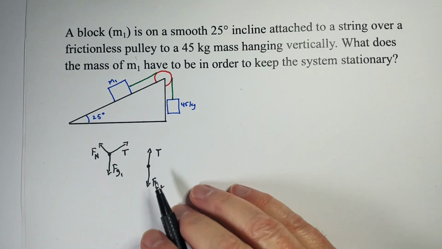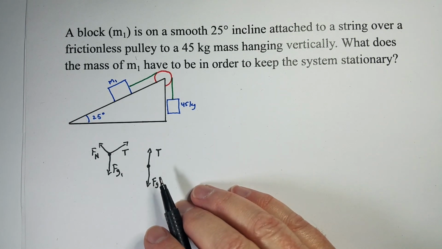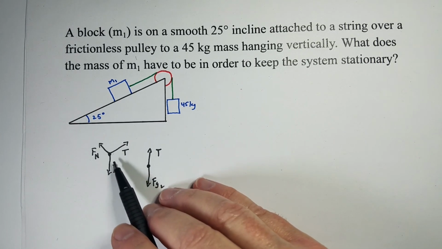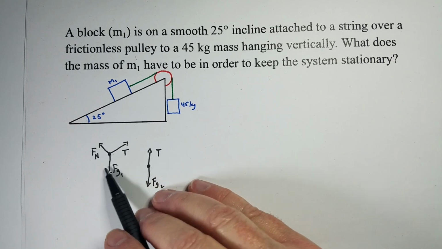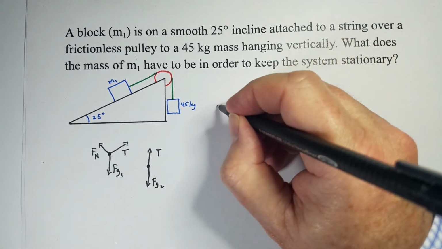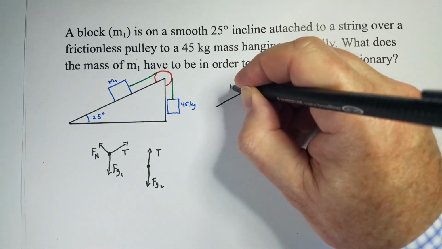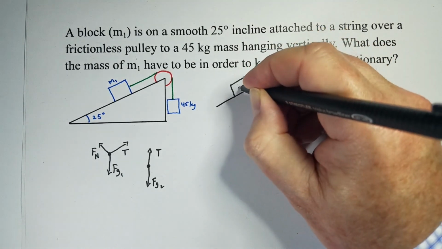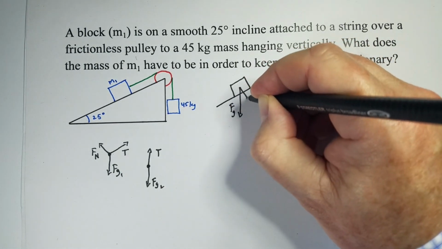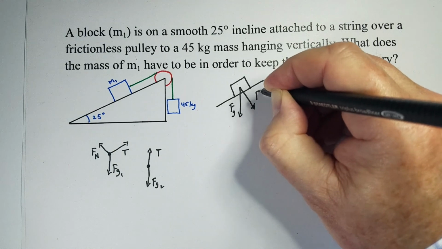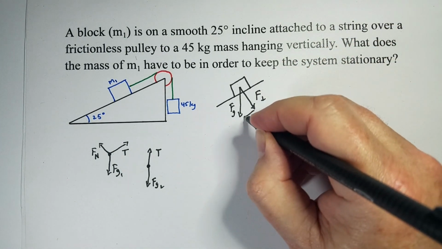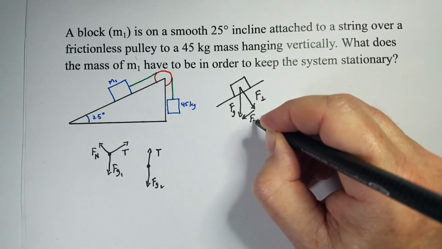But when we have anything on an incline, we really need to break up this weight vector into its components parallel and perpendicular to the surface. So if I resketch that, we have its weight acting down, a force perpendicular to the surface, and a force parallel to the surface.